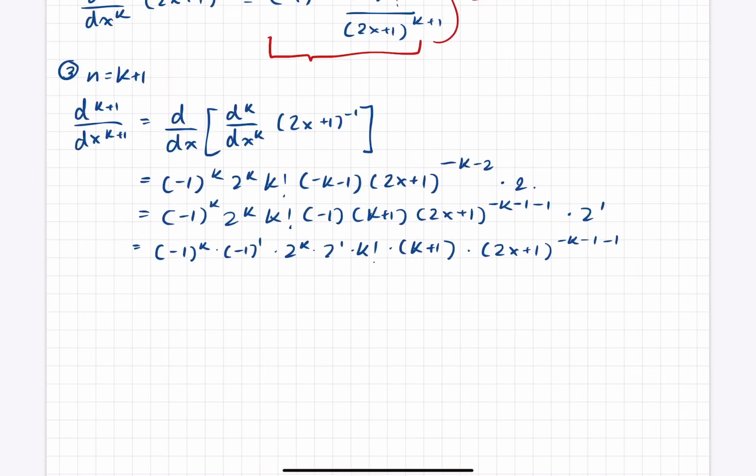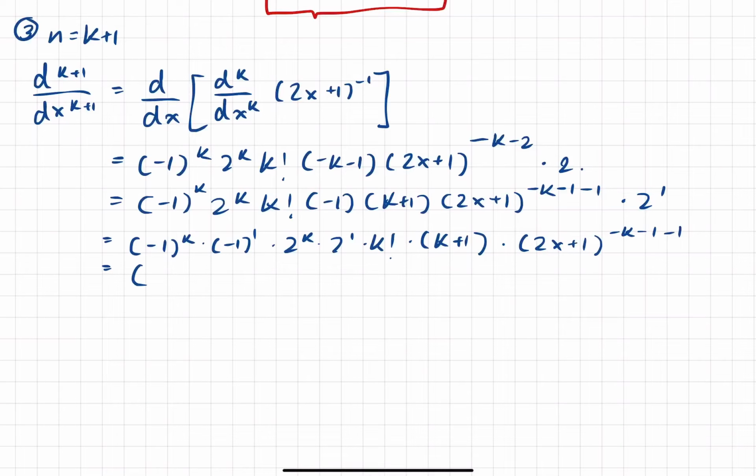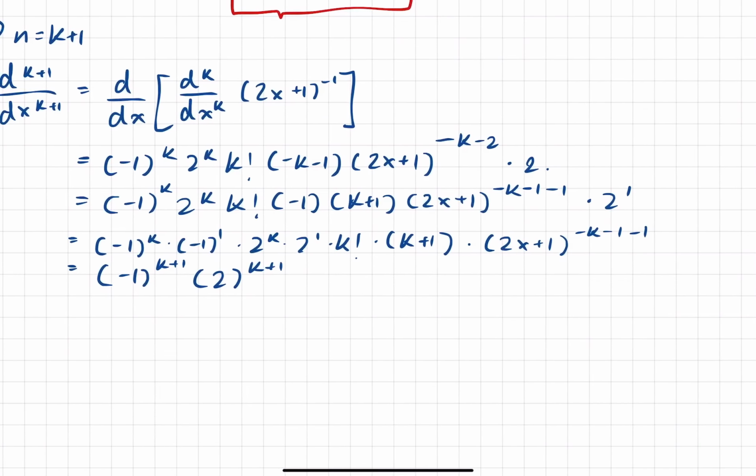So actually this becomes cool because we see that negative 1, same base, so we just add the exponents. So (-1)^(k plus 1), 2^k times 2^1. Same base, just add the exponents. K factorial times k plus 1 just becomes k plus 1 factorial, right?